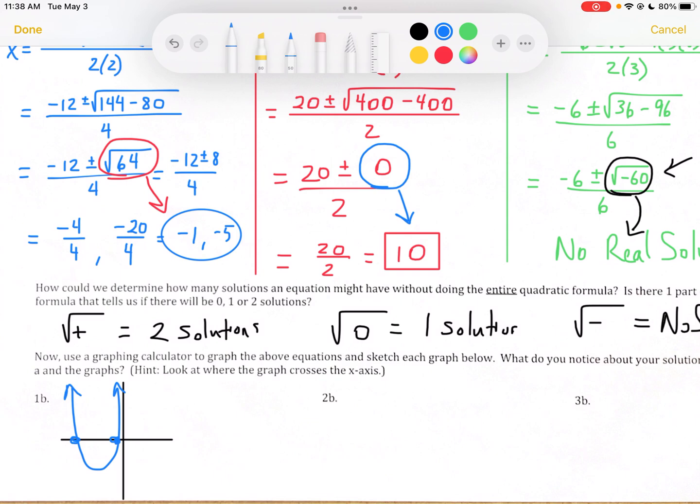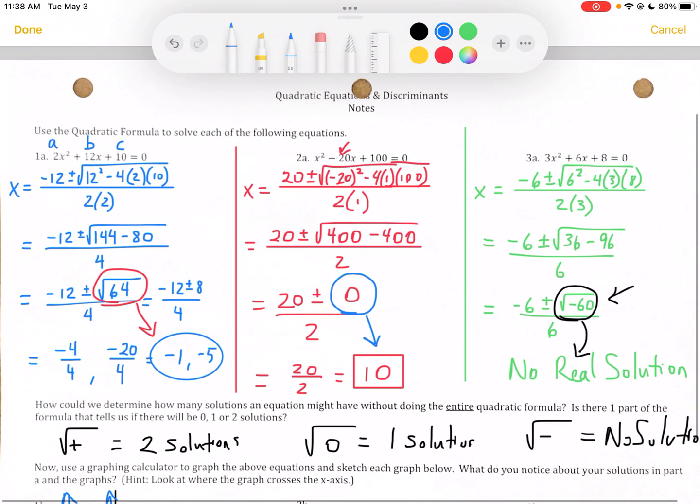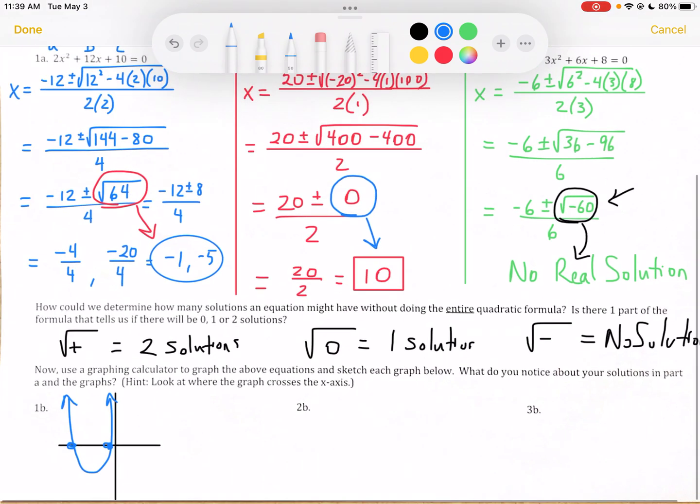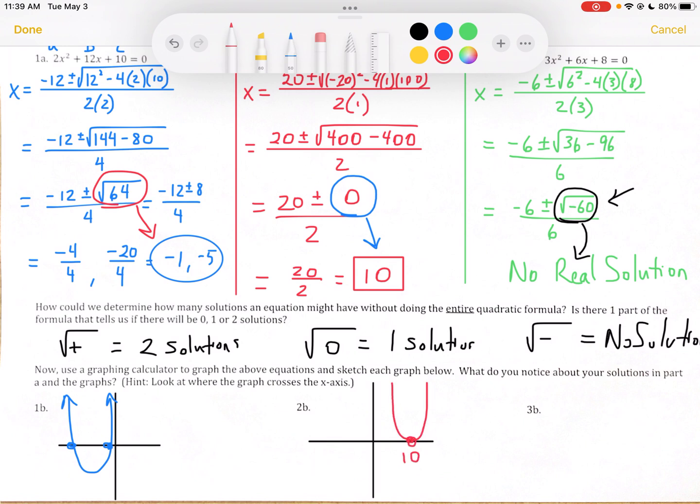If you plug in this middle equation, y equals x squared minus 20x plus 100, what you end up with is a graph like this. And here it is at 10. So the one solution, it sits on that x-axis.